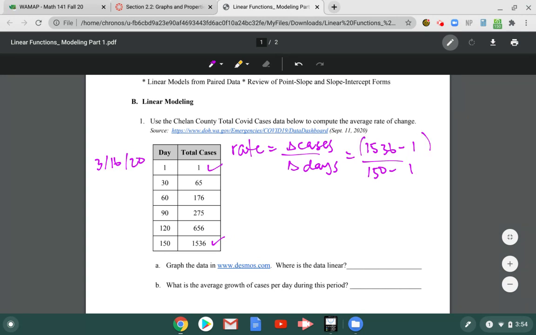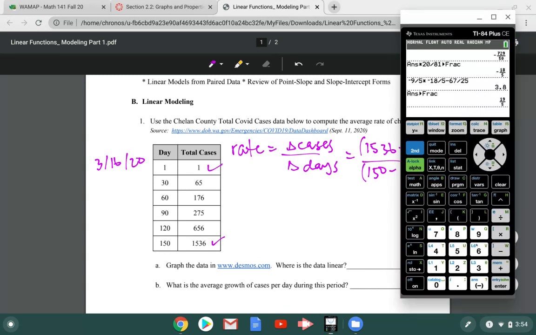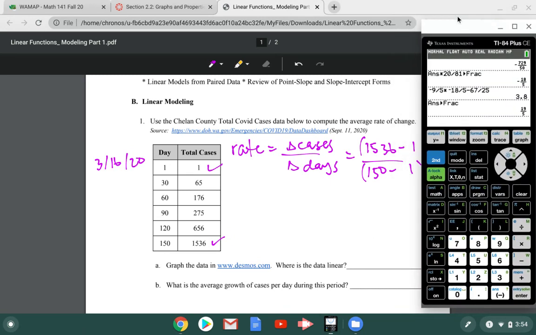I can put this into my calculator using parentheses around the numerator and denominator. I can also just do 1536 minus 1, that's 1535, divided by 150 minus 1, which is 149.